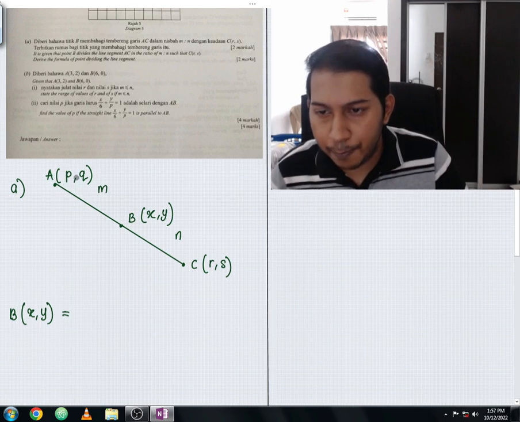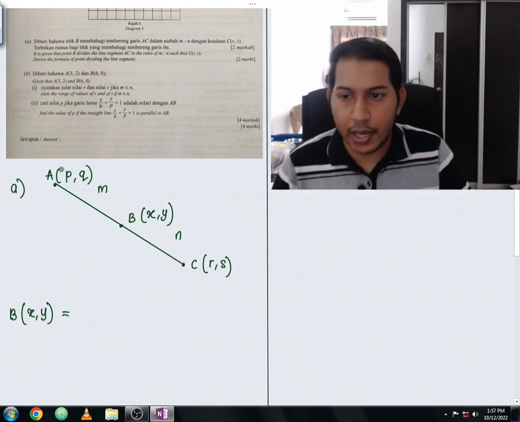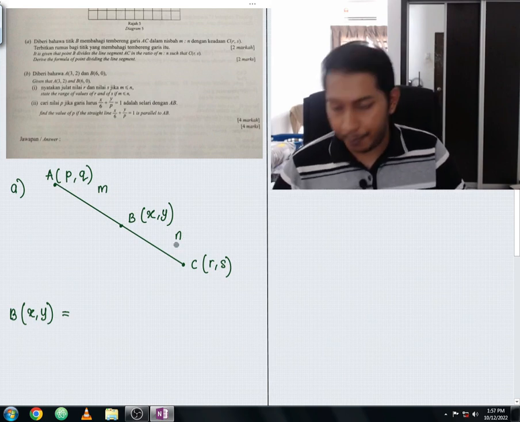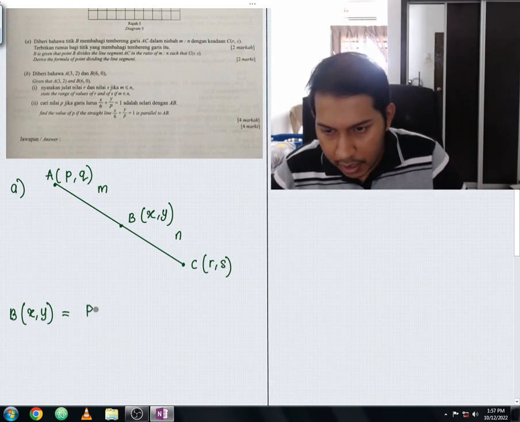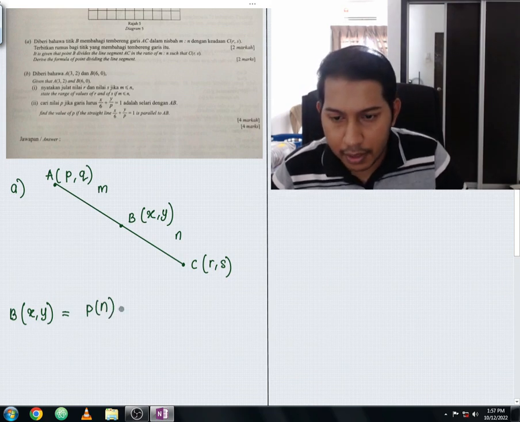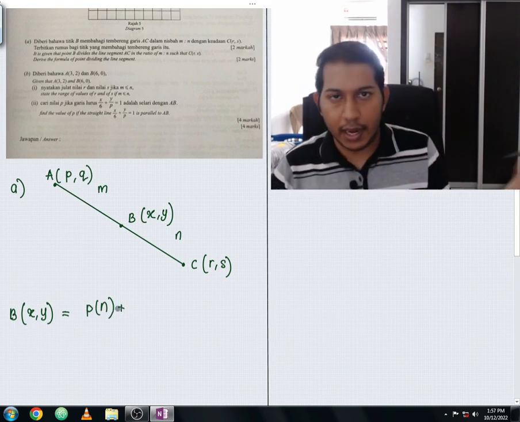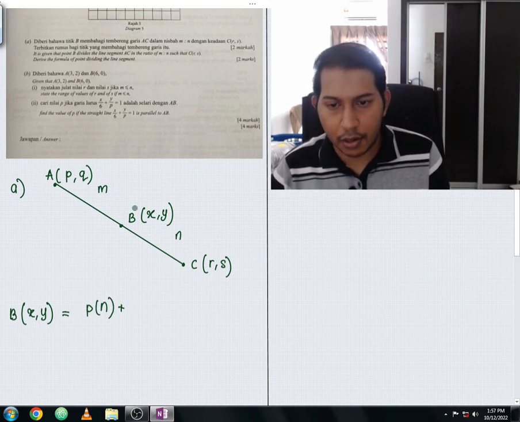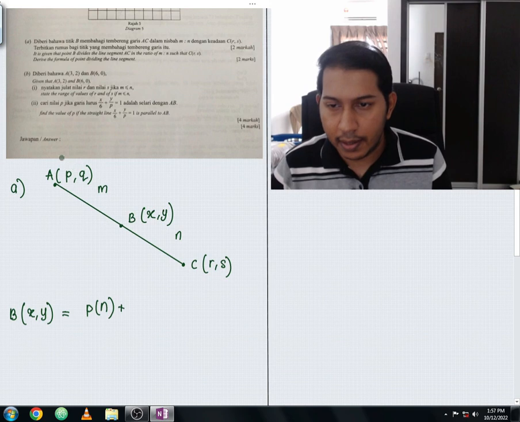So from here P, the x coordinate, times the opposite ratio, so in this case P times n. And then plus the second x coordinate, in this case it is r, not x, guys, sorry. Let me repeat again.